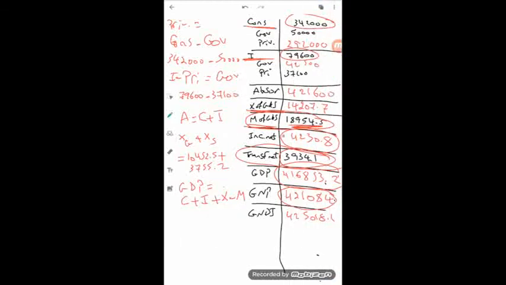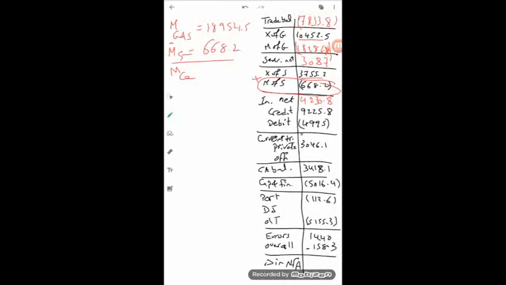We can use transfers net as 3,934.1. Now we can subtract private transfers from current transfers net in order to find official transfers. It will be 888.